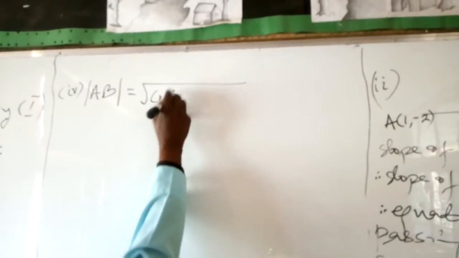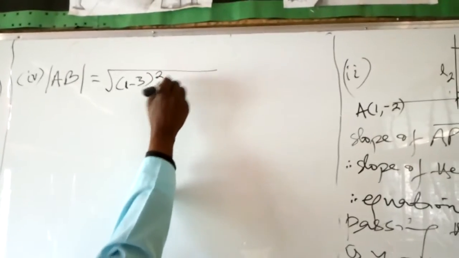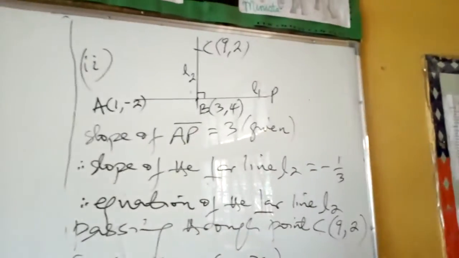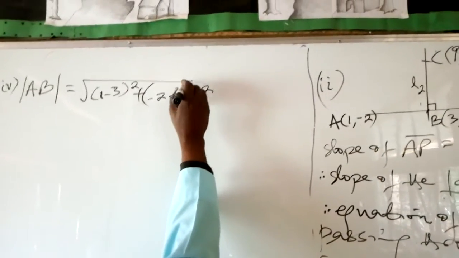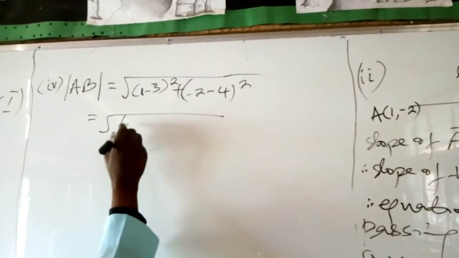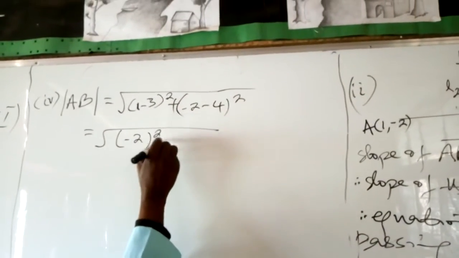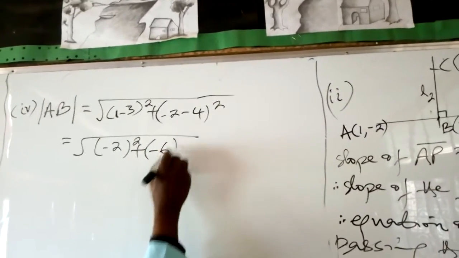So that is going to be (1 minus 3) all squared plus (minus 2 minus 4), all squared. So simplifying, I'm going to get minus 2 squared plus minus 6 squared.